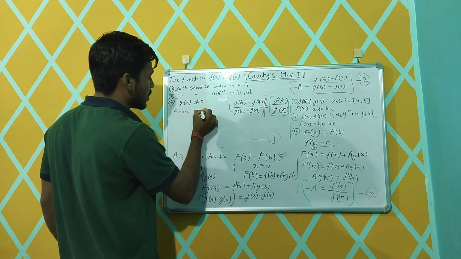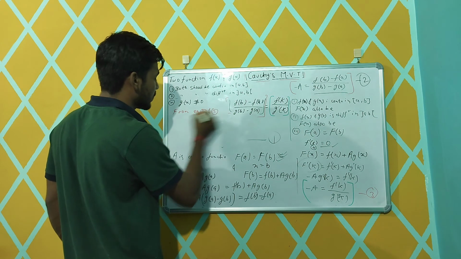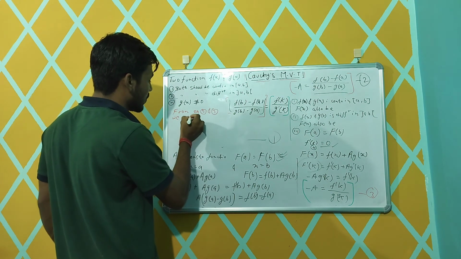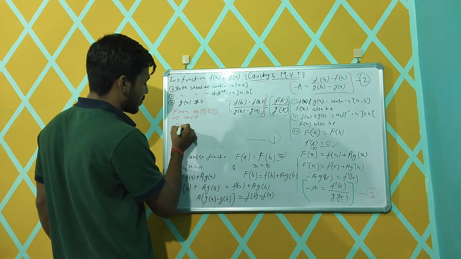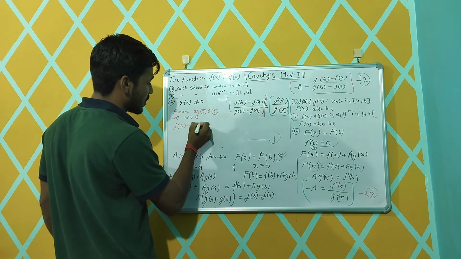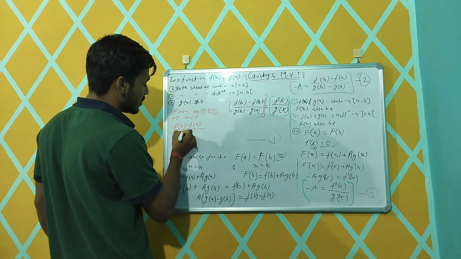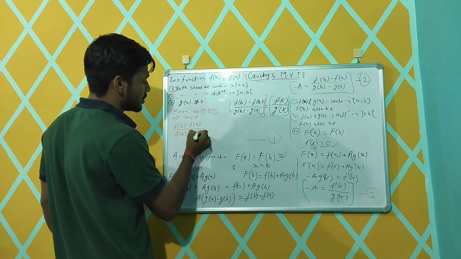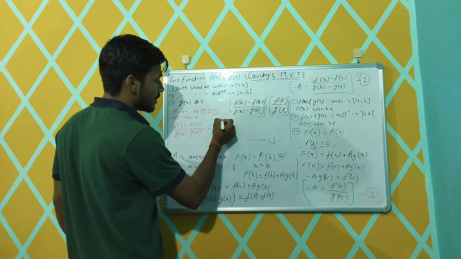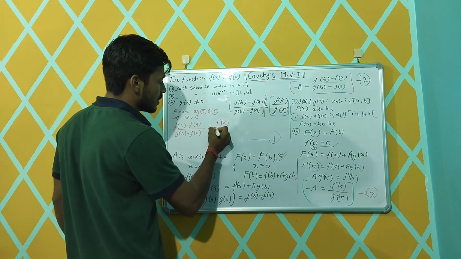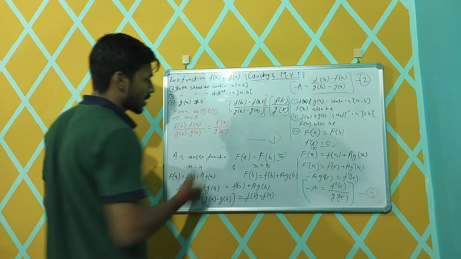From equations 2 and 3 we have f of b minus f of a, divided by g of b minus g of a, equal to f dash k divided by g dash k.